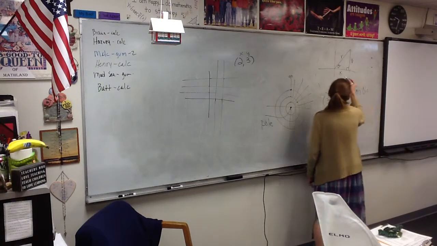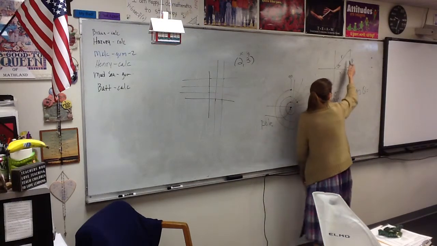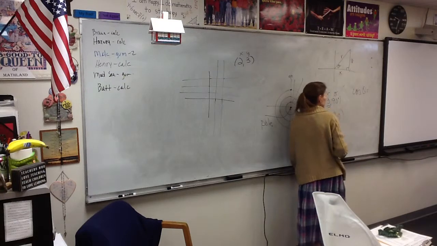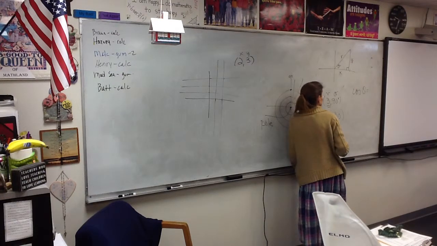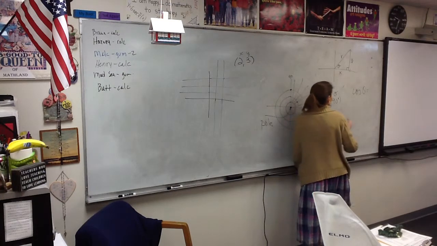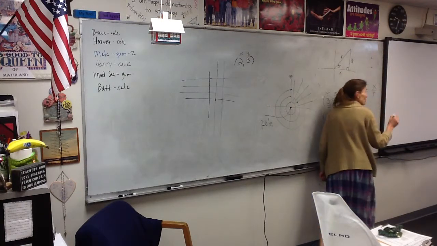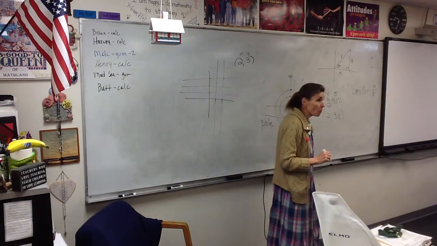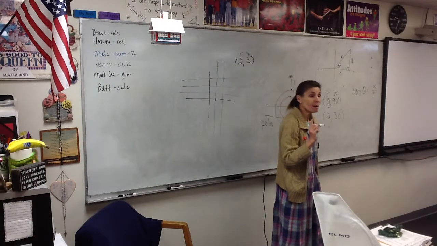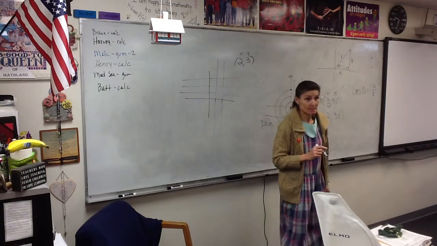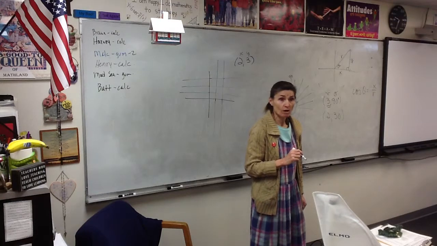So things that you have already learned, look at the picture. What's the cosine of theta? If you look at this right triangle, what would the cosine of theta be? What's cosine? X over r. Is that new to you? No. I hope not, because months ago you were asked to memorize that cosine equals x over r.